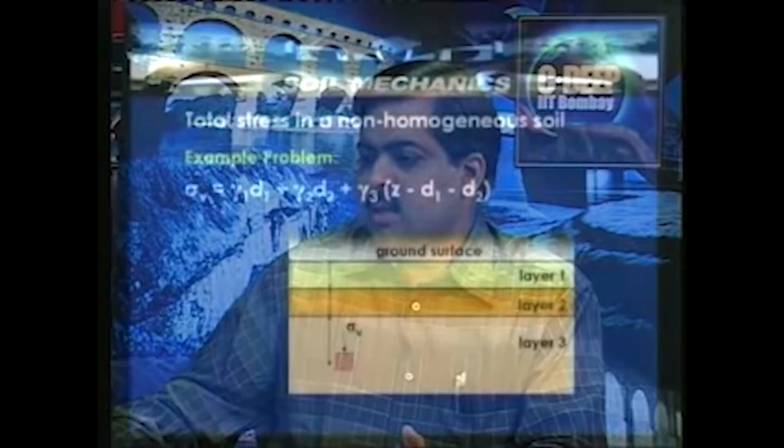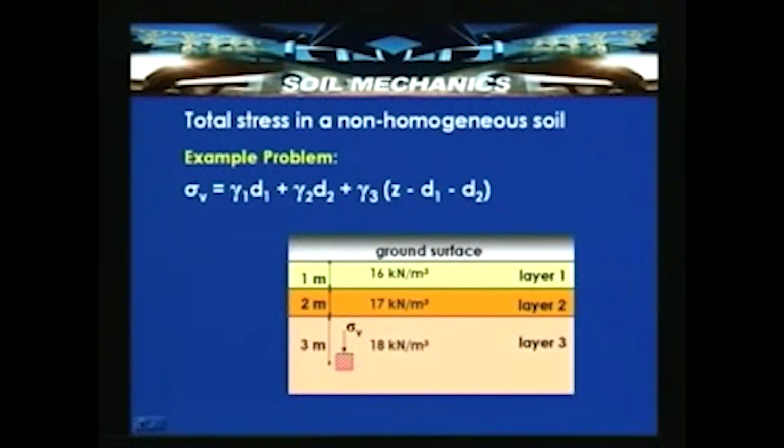Let us consider that layer 1 has a thickness of 1 meter and a unit weight of around 16 kilonewton per meter cube. Layer 2 has 2 meter thickness with a unit weight of 17 kilonewton per meter cube, and layer 3, where the depth at which the stress is being determined is 3 meters, has a unit weight of around 18 kilonewton per meter cube.